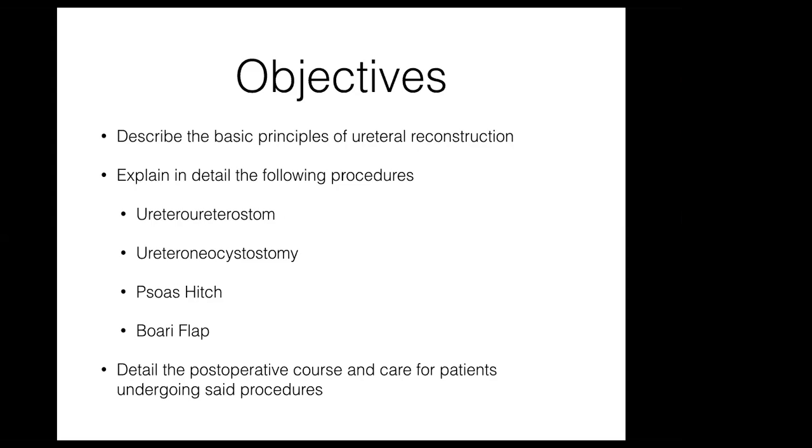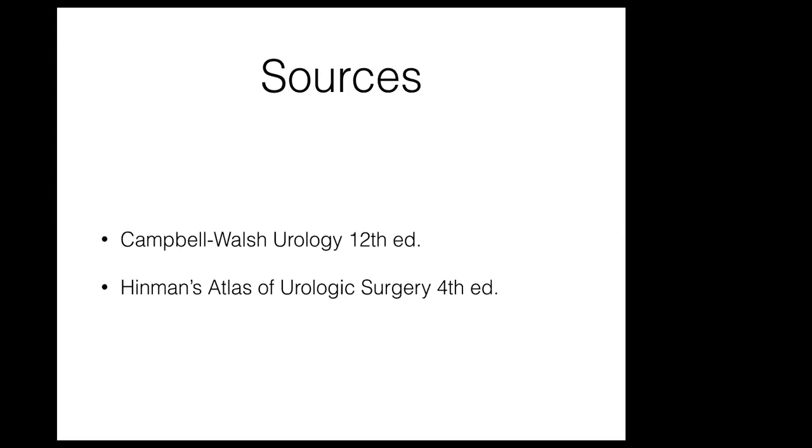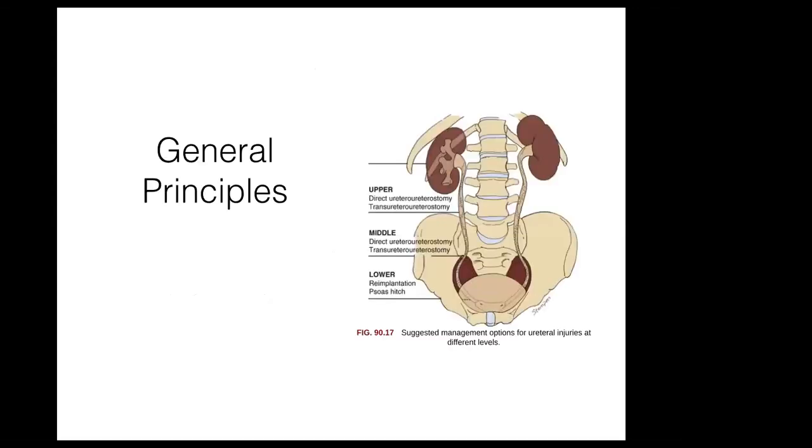The sources for my lecture are, of course, Campbell, 12th edition, and Hinman's Atlas of Urologic Surgery, 4th edition. So first, for the general principles, as was discussed by Dr. Yadaw's trauma lecture a few weeks ago, the site of injury will dictate what type of surgery the patient will undergo.